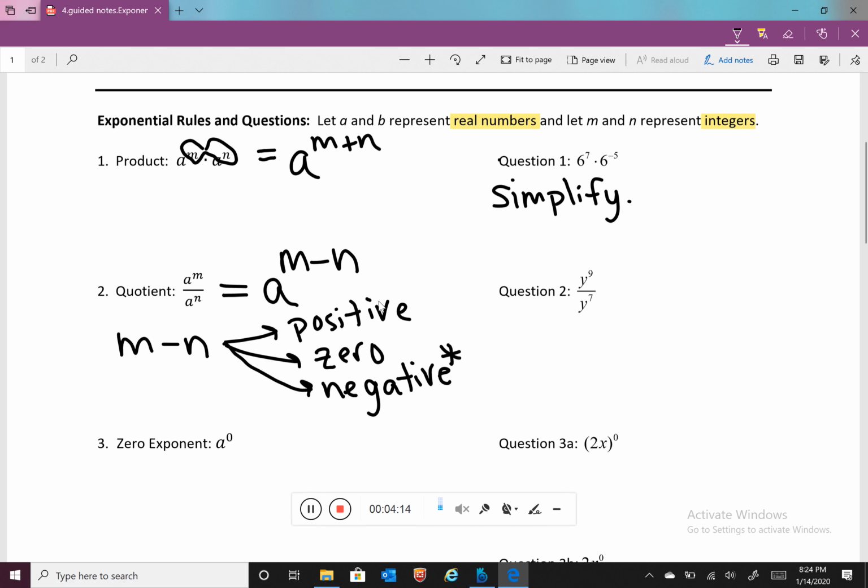It's not proper mathematically, so we're going to have to clean that up. We're going to see, okay, what do I do then if the exponent becomes negative? We'll talk about that. And so we have a question here, question number 2. I'd like you to look at y to the 9th divided by y to the 7th and simplify this using your exponential rule.